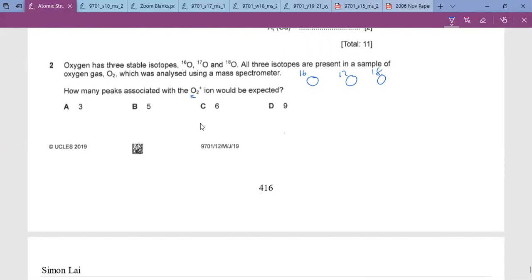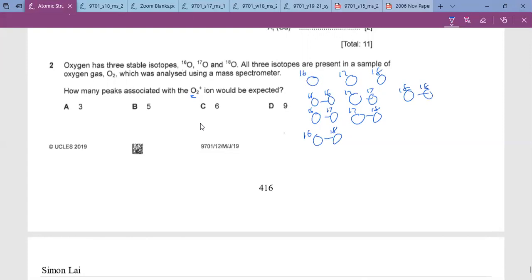Remember, it's O2. So one by one: O16, O16. O16, O17. You don't have to reverse because the mass is the same. O16, O18. So it's like a combination. O17, O17. O17, O18. O18, O18.